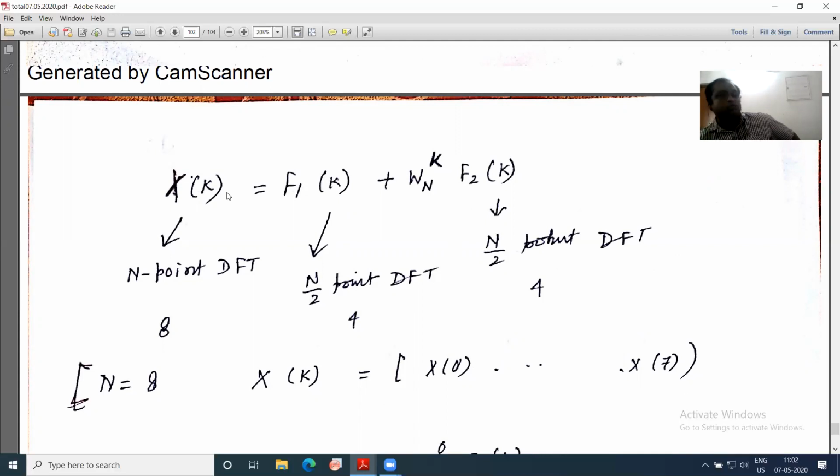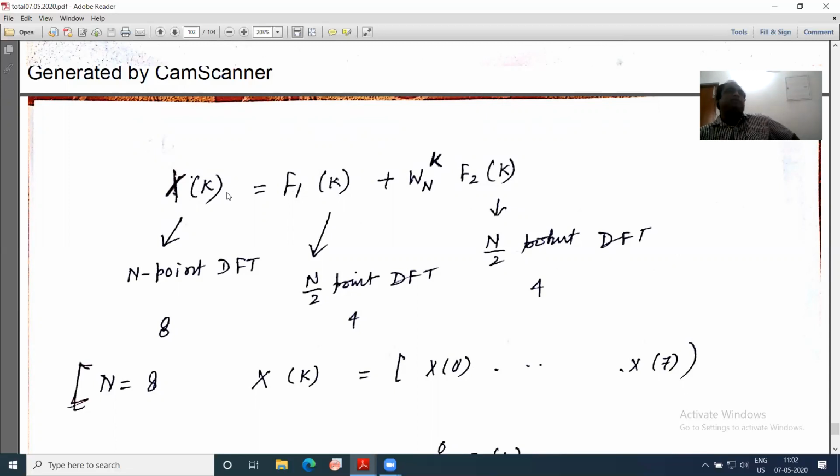I am computing 4 number of 2-point DFTs, like V11 of K, V12 of K, V21 of K, and V22 of K. If I combine, I will get 4-point DFT.